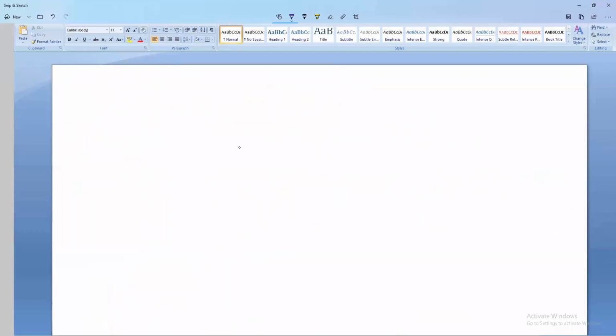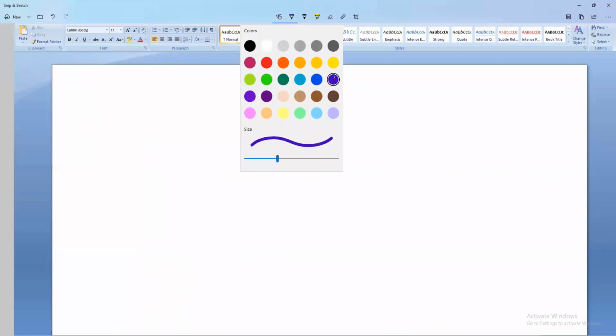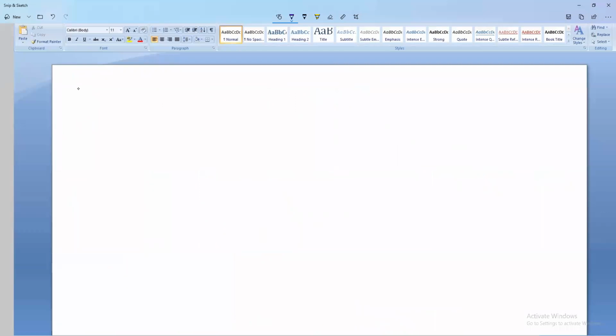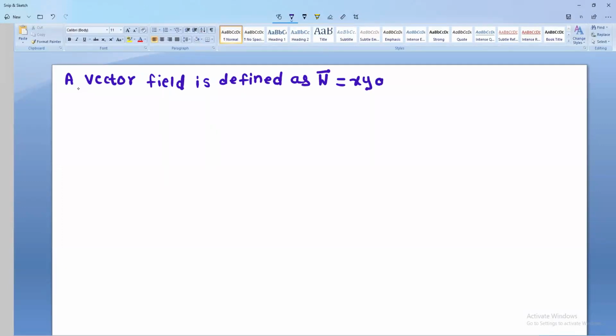Now write down the next example. A vector field is defined as W bar is equal to xy A bar x minus 3x A bar y plus 4 A bar z.